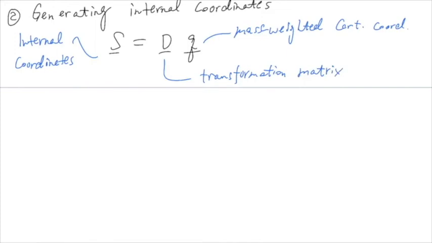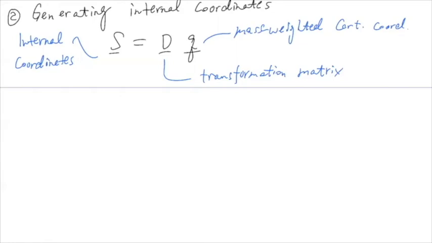If you start from the regular geometric Cartesian coordinate, then you can use the geometry of the molecule to construct this transformation. That transformation is called the B matrix. And if you start from the mass-weighted Cartesian coordinate, a frequently used implementation in a lot of computer programs is that you first generate 3 translation vectors.